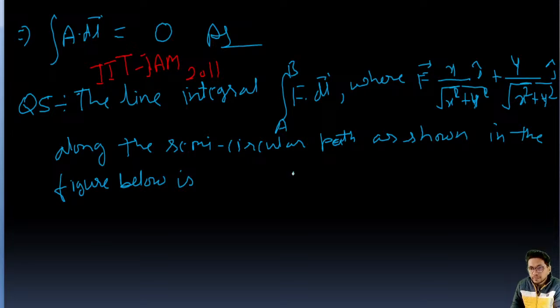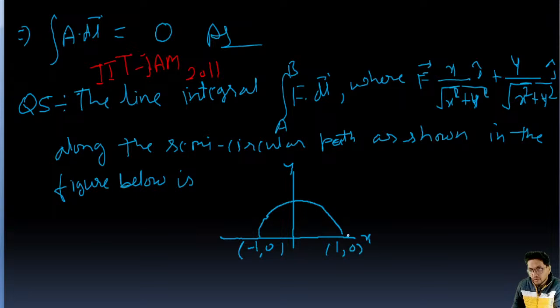This is the x direction, this is the y direction, and this is the semicircle. This is -1, 0 and this is 1 comma 0. Obviously it is a semicircle, and the radius is 1, clearly seen in the figure.